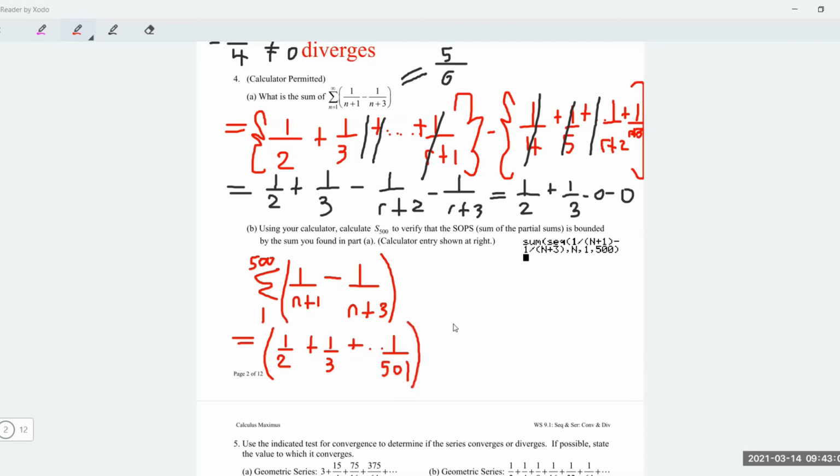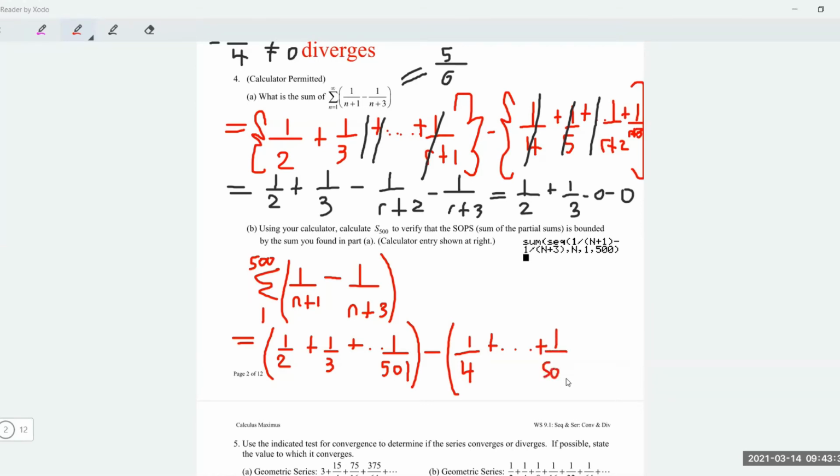Then what we're going to do now is plug in from 1 to 500 on this side. This one is going to start from 1 over 4. Then we're going to go 1 over 5 plus all the way up to, now look at this, if you plug in the 498 term, the 498 term would be 498 plus 3, which is 1 over 501.